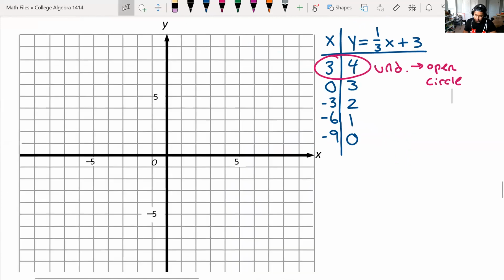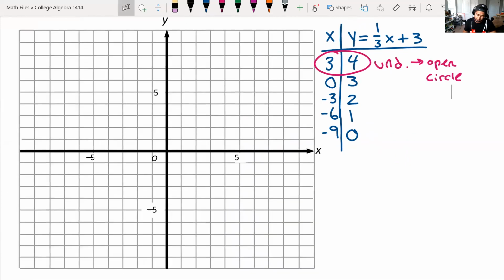Well, let's see what that looks like on the graph. 3, 4. Let's go ahead and plot that. So 3, 4, 1, 2, 3, 4, open circle. And now plot the rest. 0, 3. And then negative 3, 2.